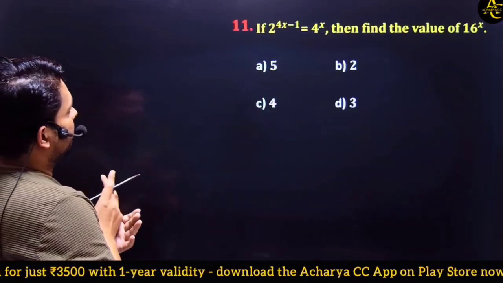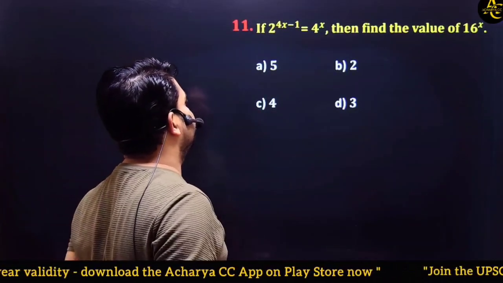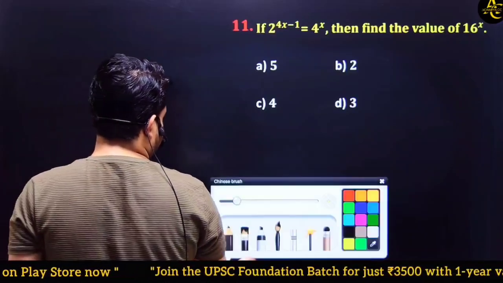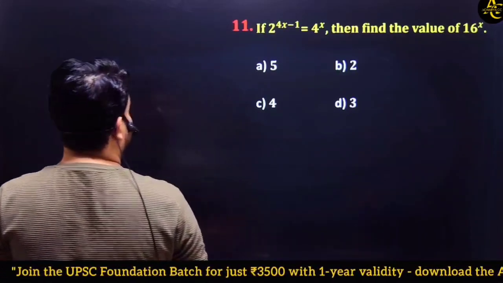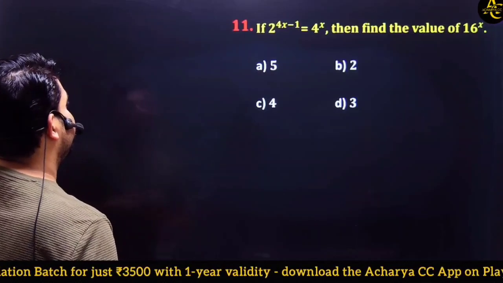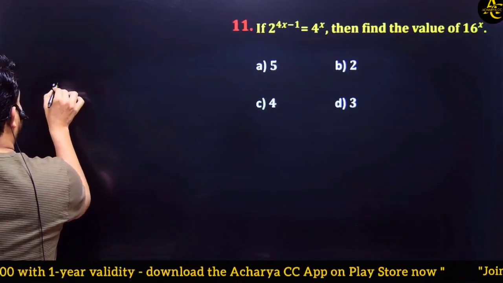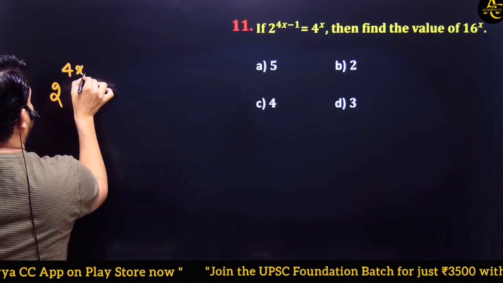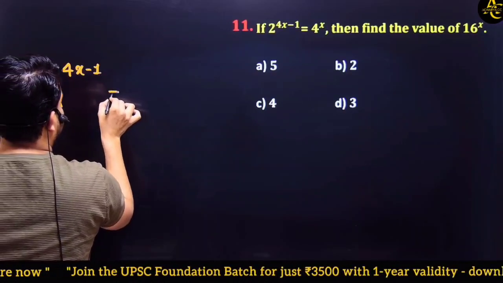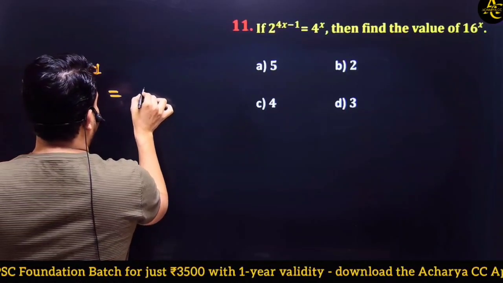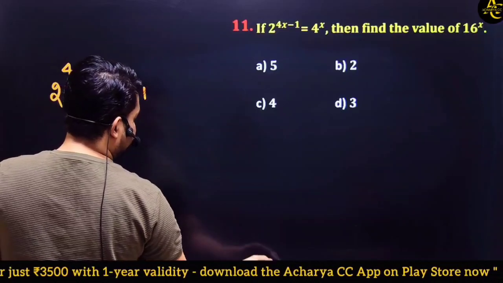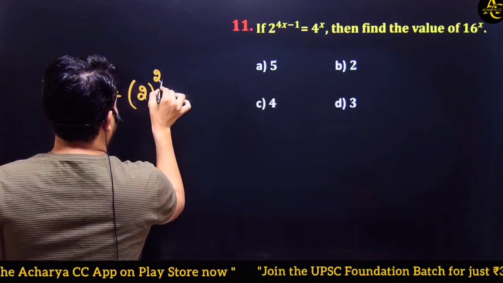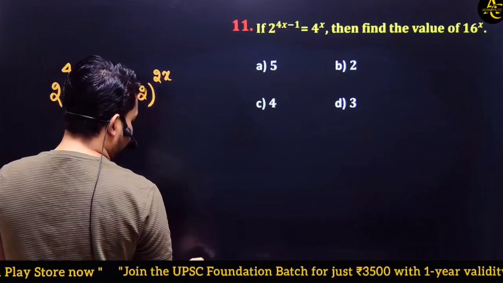If 2 to the power 4x minus 1 is equal to 4x, then find the value of 16 to the power x. So how we can solve this question? We have 2 to the power 4x minus 1 is equal to 4 to the power x. We can write it as 2 to the power 2x.